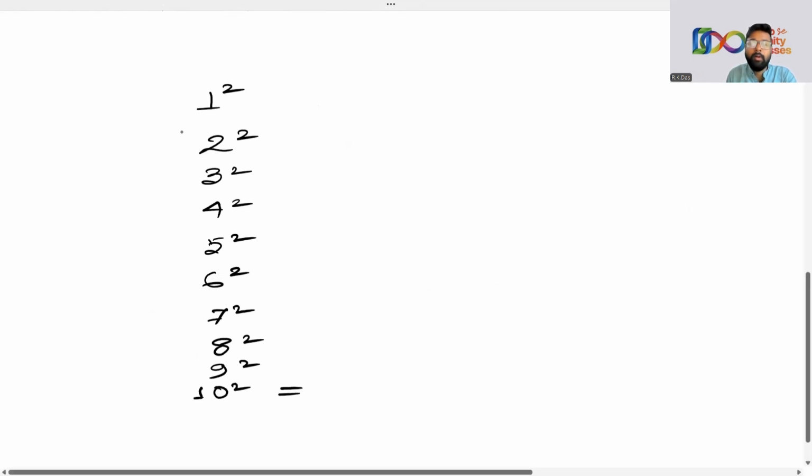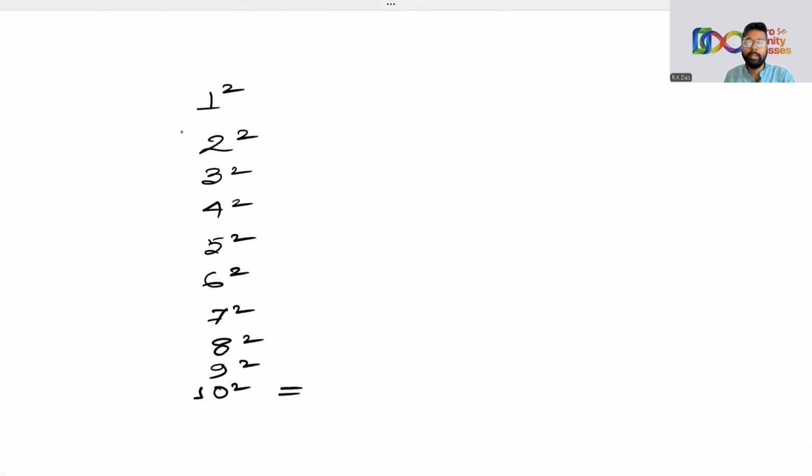Let me write them one by one. The square of 1 is 1. The square of 2 is 4. The square of 3 is 3 threes are 9. The square of 4 is 4 fours are 16.